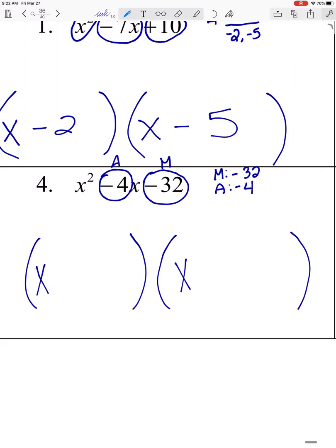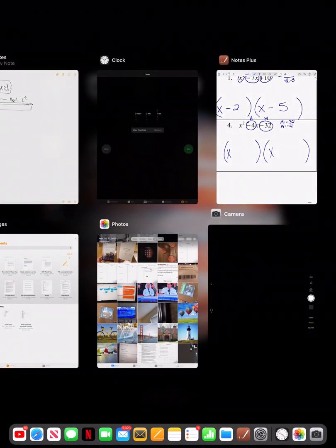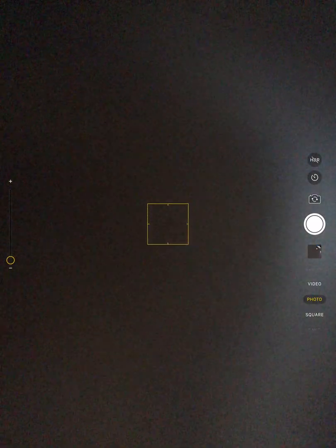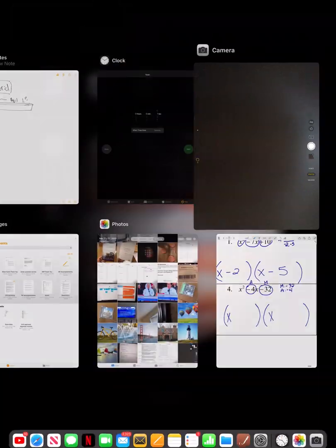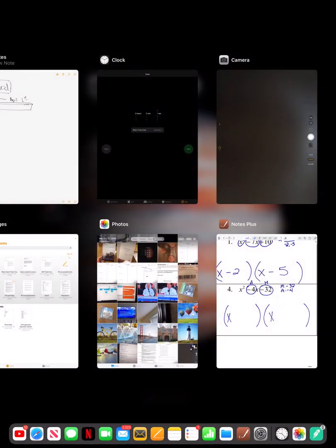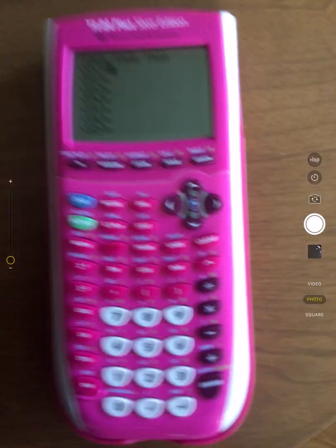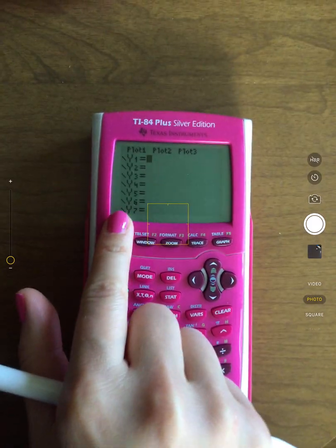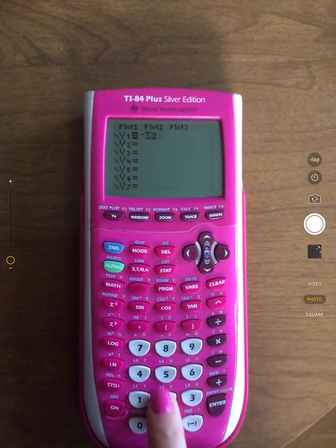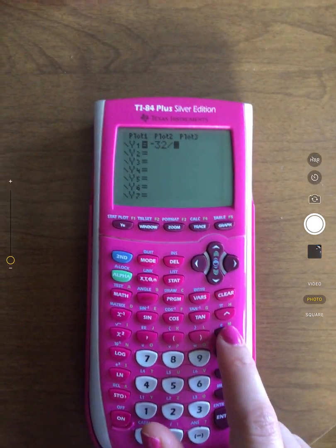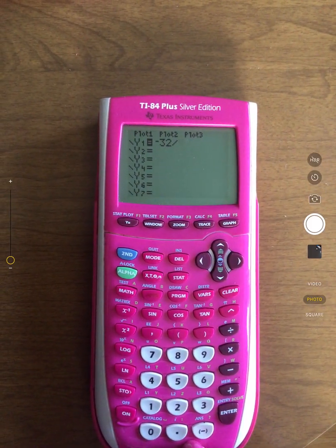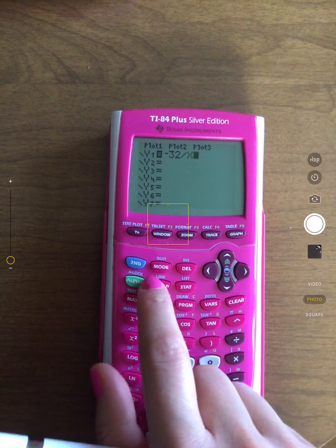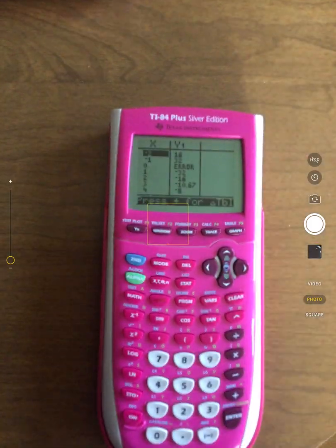So let's go ahead and look at our calculator. We said it was negative 32. So we go to y equals, two numbers that add to negative 32. I'm sorry, multiply to negative 32. So we put negative 32 in our calculator, divide it by x, and we're going to look at our numbers.